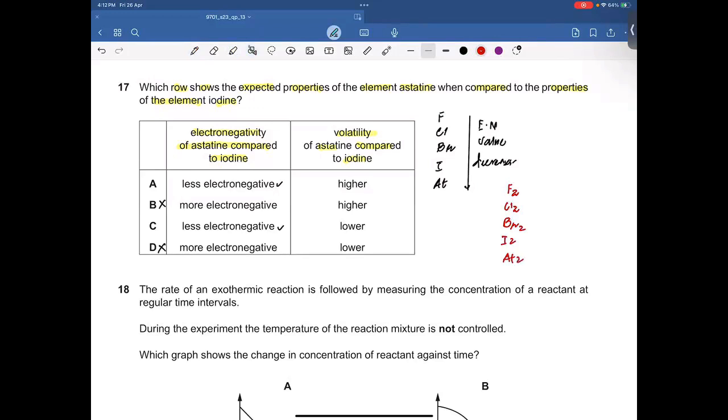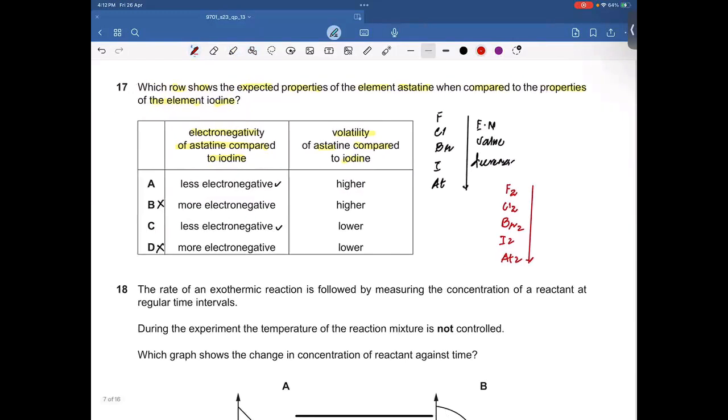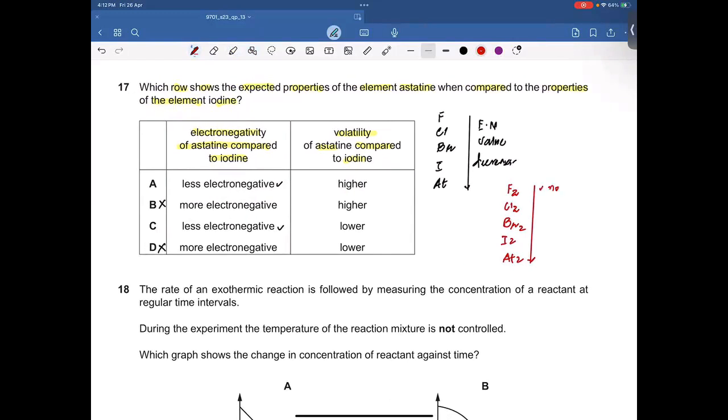When we move from top to bottom in a group, the number of electrons increases, the strength of van der Waals forces also increases, and volatility obviously decreases.